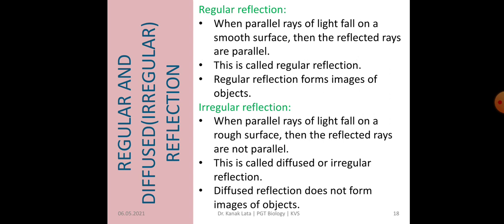In irregular reflection, when parallel rays of light fall on a rough surface, then the reflected rays are not parallel. This is called diffused or irregular reflection. Diffuse reflection does not form images of the objects. It is due to irregularities in the reflecting surfaces.